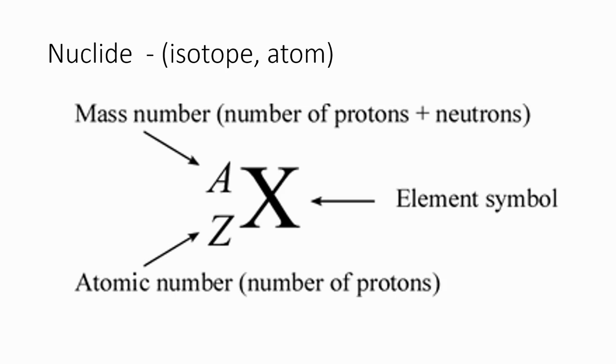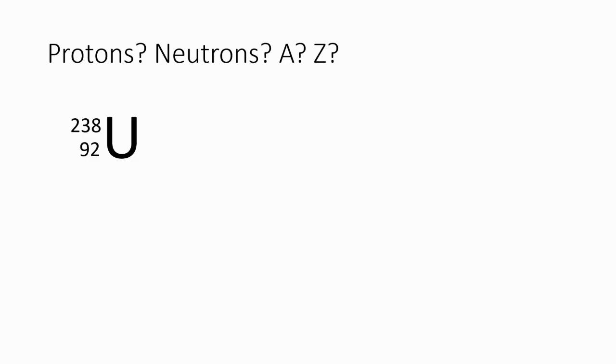All right, so if you have this atomic symbol, how many protons, how many neutrons? 92, good. This one is our protons. The bottom one is always protons.